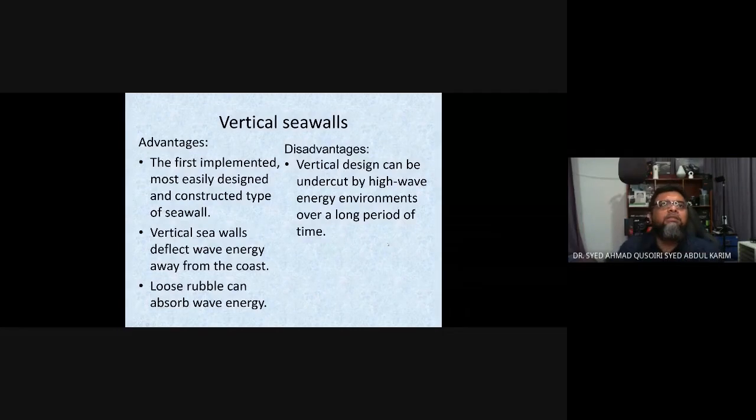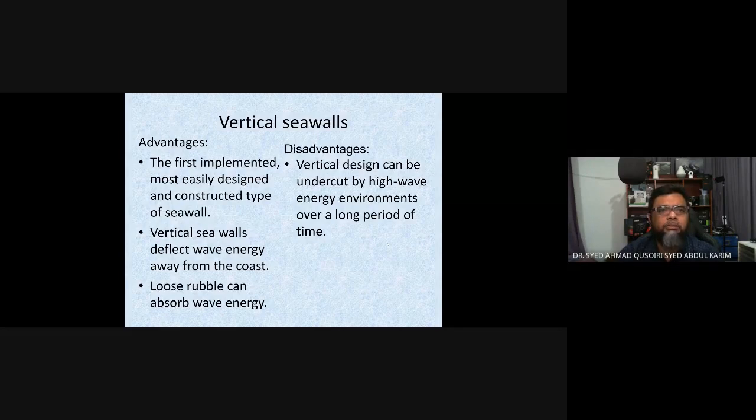So advantages, I mean, it's just practically a wall, so it's very simple to be built. It deflects the wave energy away from the coast. Okay? I mean, behind the wall, there is a lot of material that will stop the wall from being crumbled.